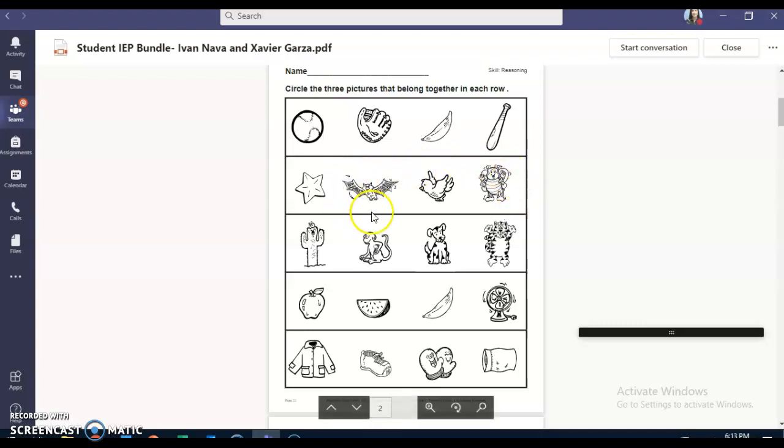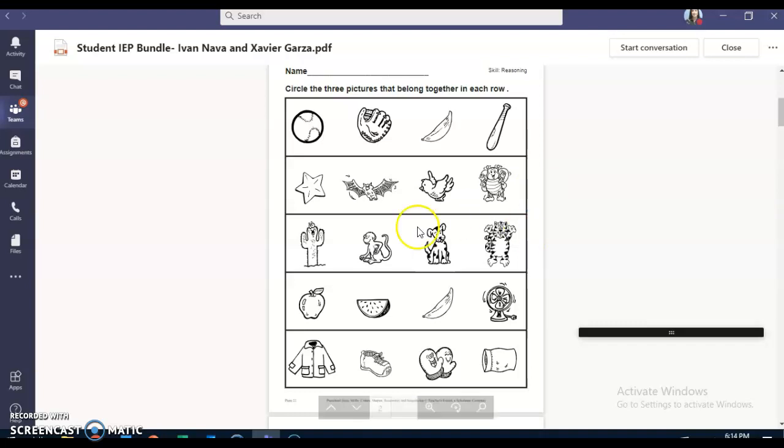So these 3 are insects and animals and they fly. So those belong together. So you would circle the bat, you would circle the bird, and you would circle the bee.